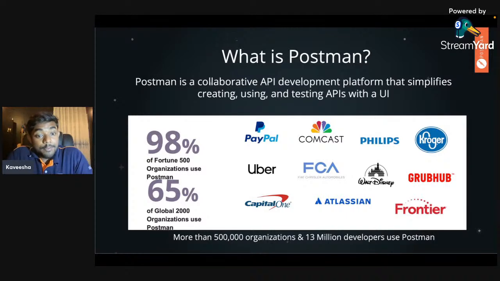Recently, more than 500,000 organizations and 30 million developers are using Postman because it's so easy, and it will make your day-to-day work more productive, right? So these are the companies using Postman. I hope you guys know these companies very well.